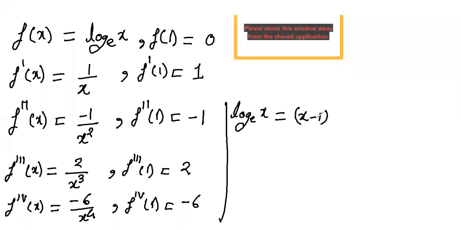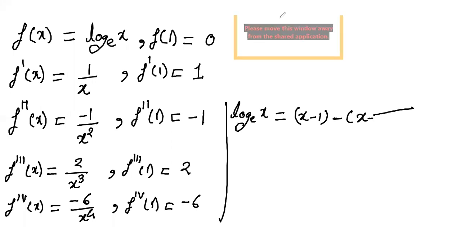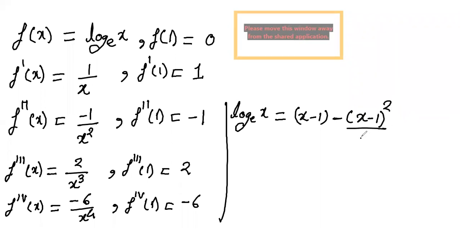Next is f double dash 1, that is minus 1, so it is minus x minus 1 square upon 2 factorial, or 2, because 2 into 1.